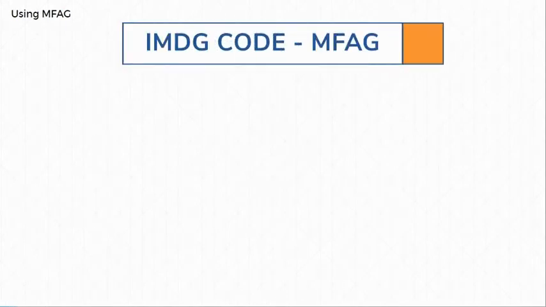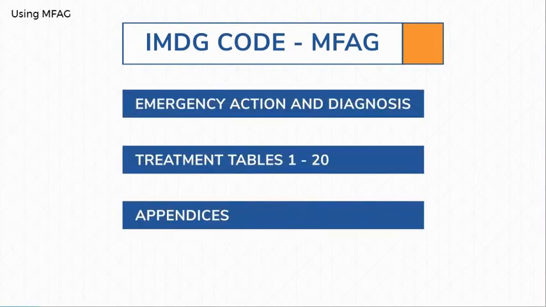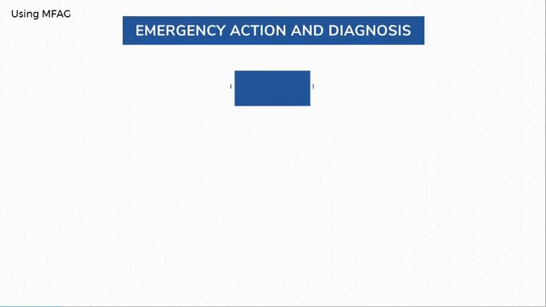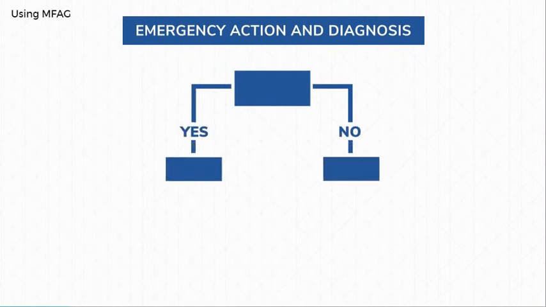Let's take a few minutes to look at how to use the Medical First Aid Guide for use in accidents involving dangerous goods. This uses a simple 3-step process to identify the course of action to take. The first step is to identify the emergency action and diagnosis, using the decision tree. This gives ready reference to treatment tables based on the symptoms shown.